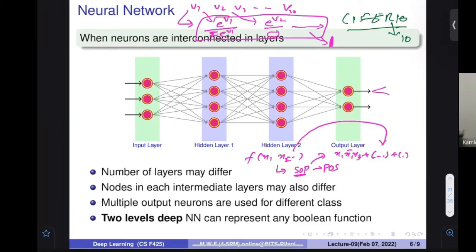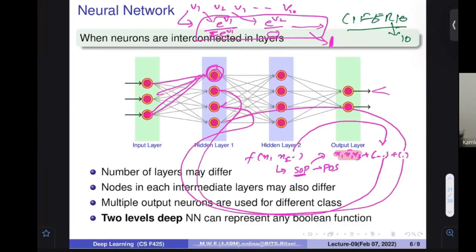If this is the thing, then you pick any of them. For example, this product term: you put a neuron over here and connect it with the appropriate weights so that an AND is generated. For all the literals you create an AND, deploying one perceptron for each of them.